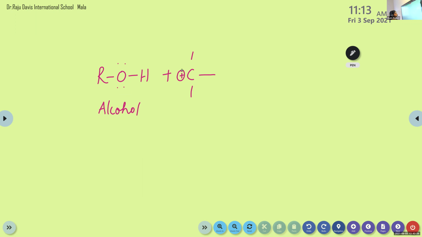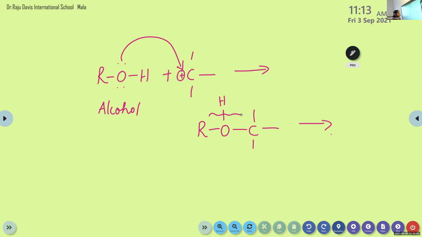This oxygen atom will attack this carbon, and in the second step the joining of this carbon group takes place. Clear? Then in the final step, the cleavage of the OH bond takes place.